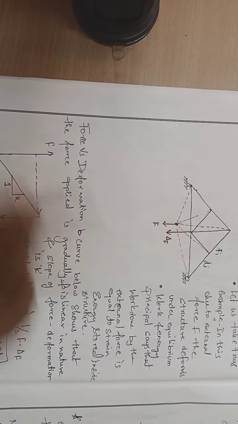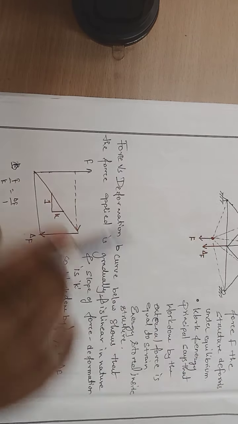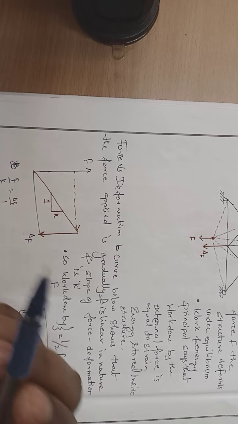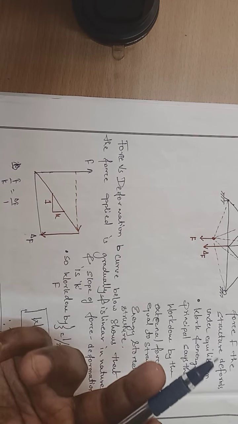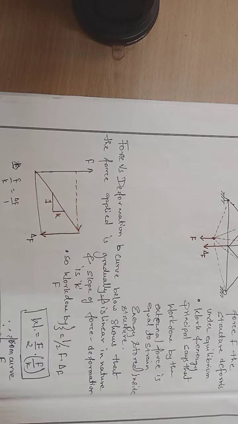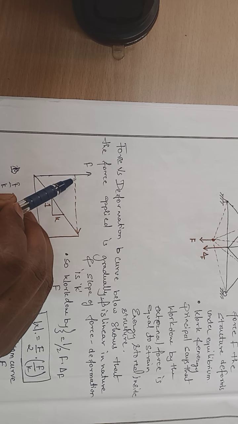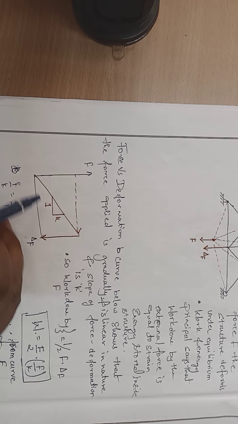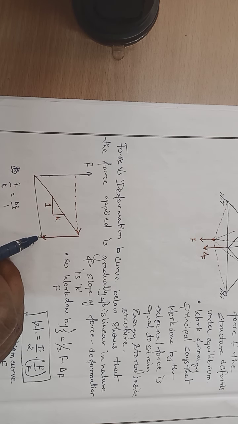Now let me take the force versus deformation graph, which we already saw in the virtual work principle, for when the load is applied gradually and when it is applied suddenly. This force versus deformation curve shows that the force is applied gradually and is linear in nature. As the force increases, the deformation also increases, so the curve is linearly going up.